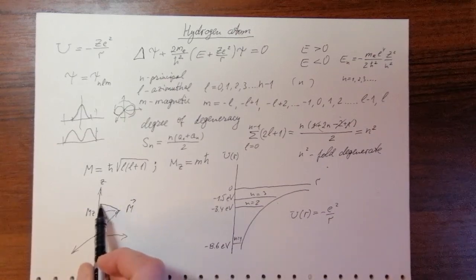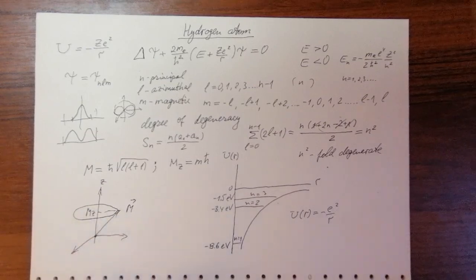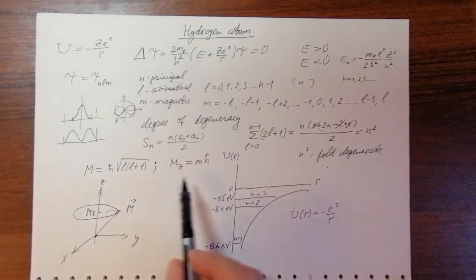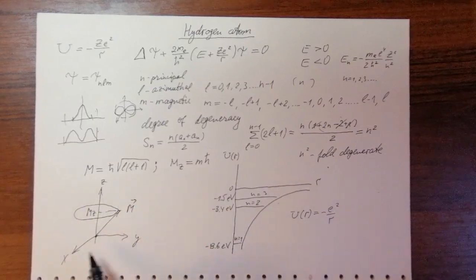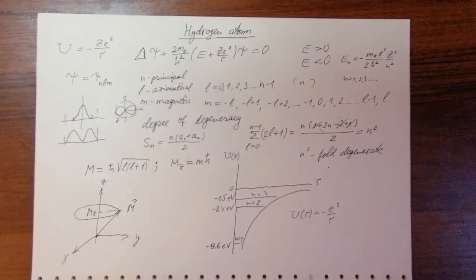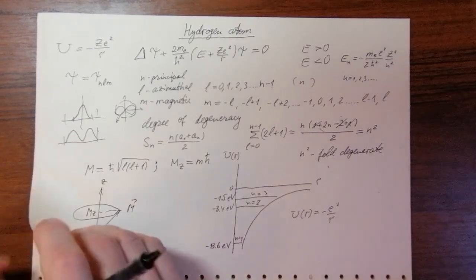So it can look in any direction in this cone, because if it looks at any of these points it will have the same M_z projection, but we have no information about the projection on x and y. This is similar to what we have for momentum from the Heisenberg uncertainty principle.